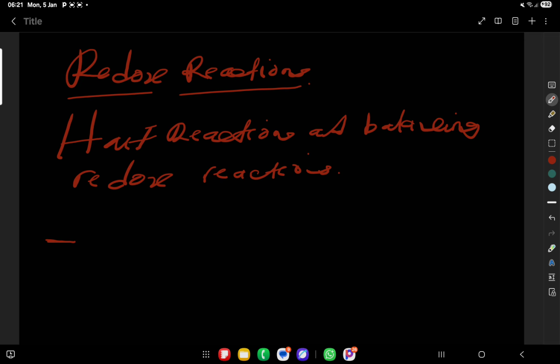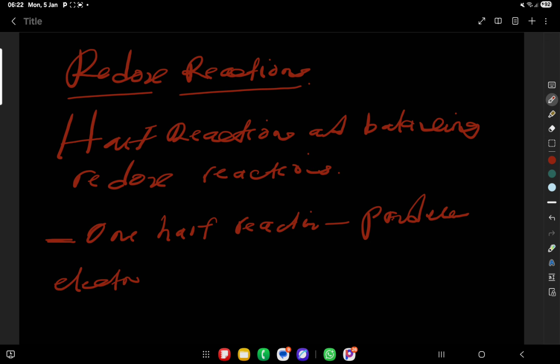Now, between the two, this is what we have to know. One half reaction produces electrons. Remember we said what oxidation is in terms of electrons: it is the loss.